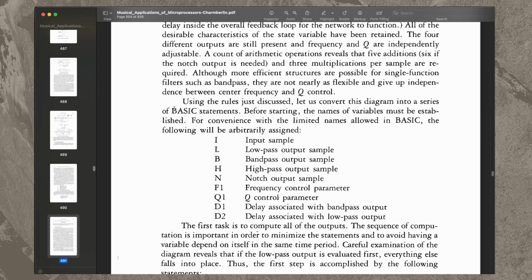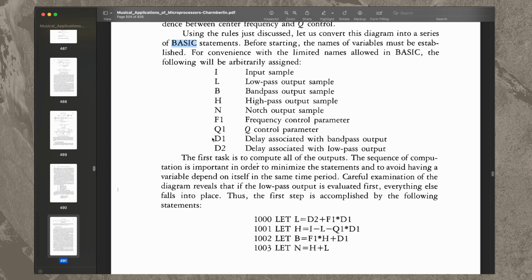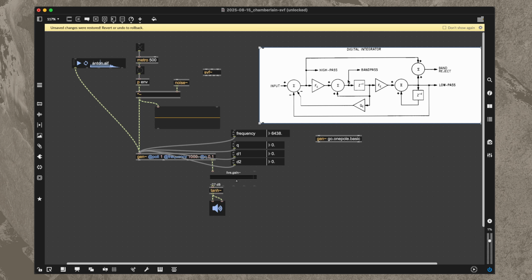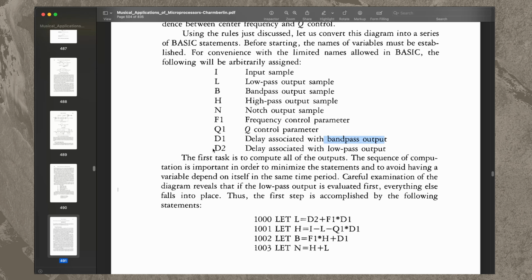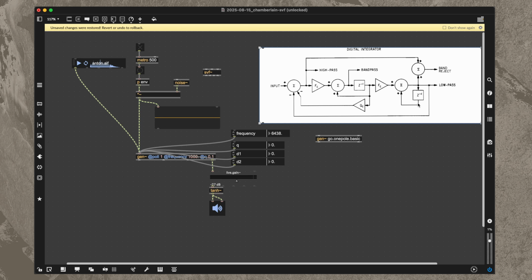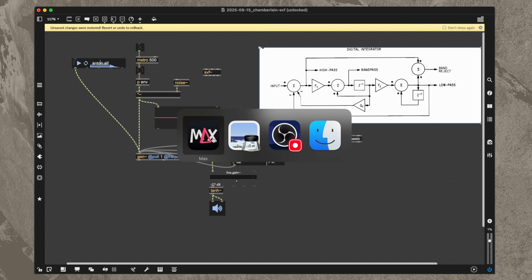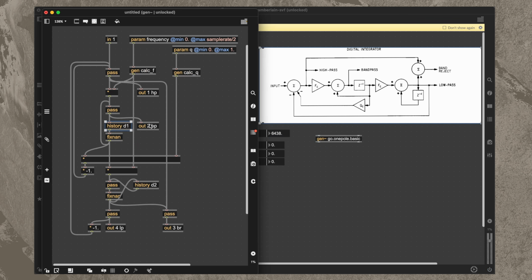And so he uses D1 to describe the delayed sample associated with the bandpass output, which is right here. And then D2 is the one down here associated with the low pass output. So I just labeled those histories to make them a little bit more clear. So that's the first one.